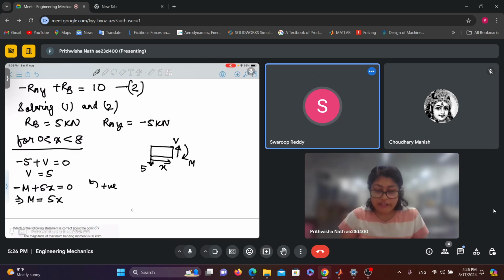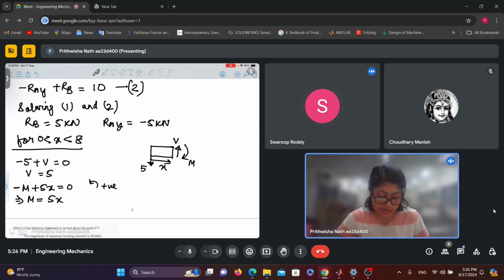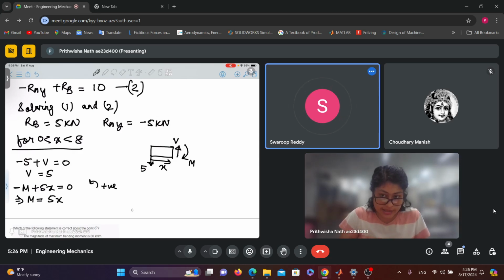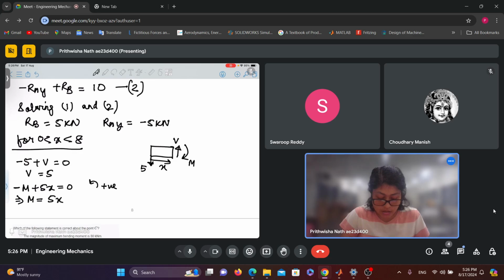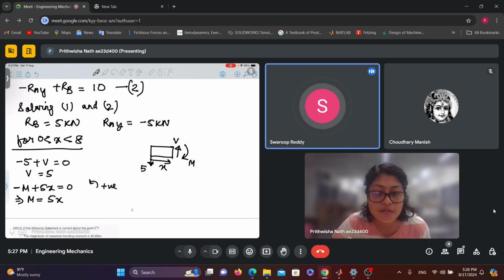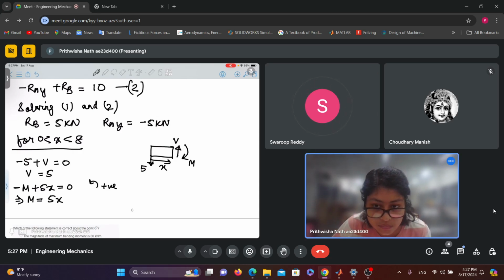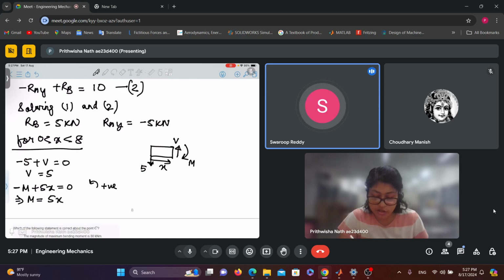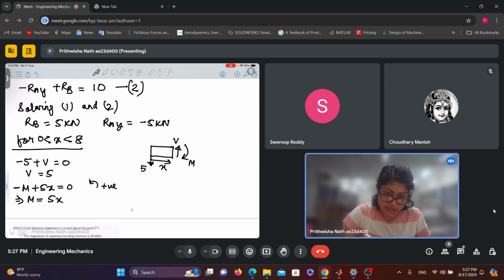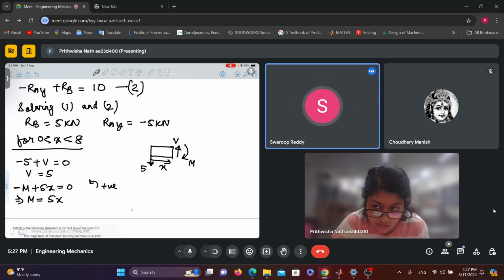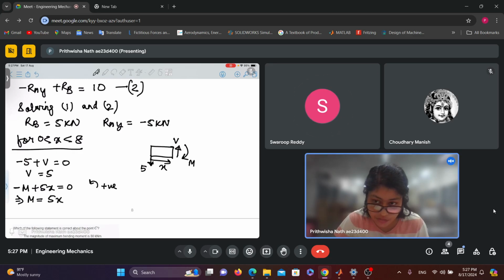See, we have assumed anti-clockwise moment to be positive. So consider moment about this right face. What moment is the 5 causing, anti-clockwise or clockwise? Anti-clockwise, so it should be positive, right? And M we already assumed in a clockwise direction, so it should be minus. Understood? That's how we are getting this.